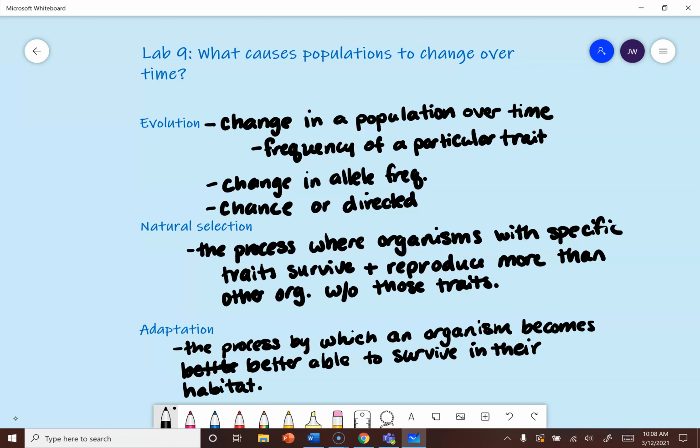So you can also think of adaptation as the actual trait or the specific type of trait that an organism has that allows them to survive better.